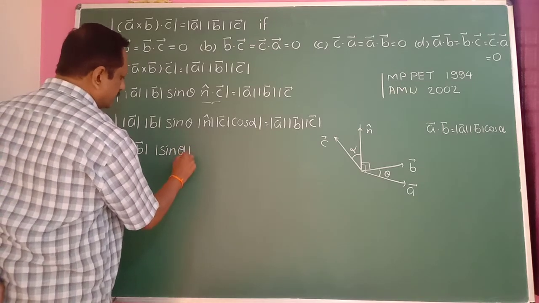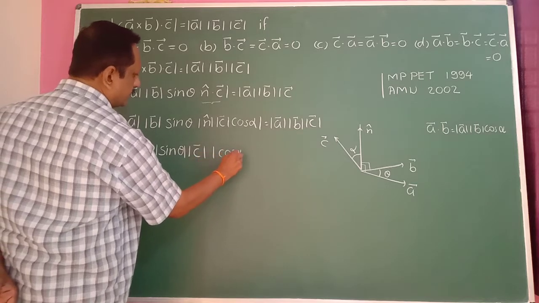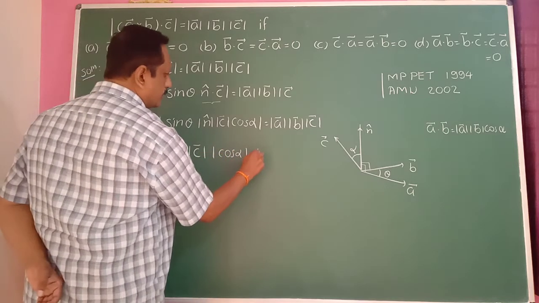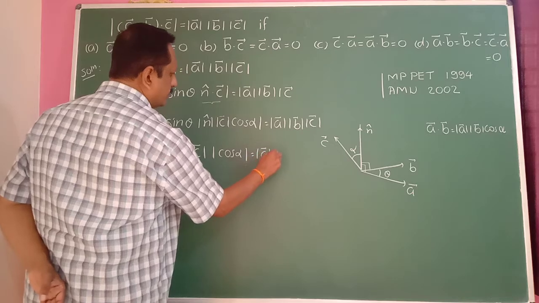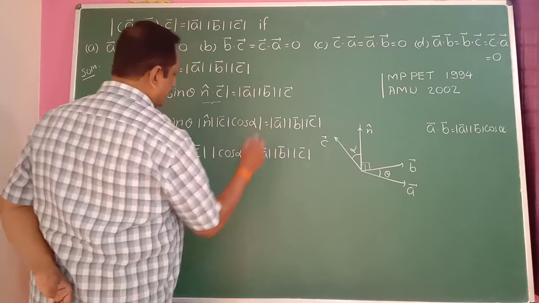Then modulus of C bar into modulus of cos alpha is equal to modulus of A bar into modulus of B bar into modulus of C bar.